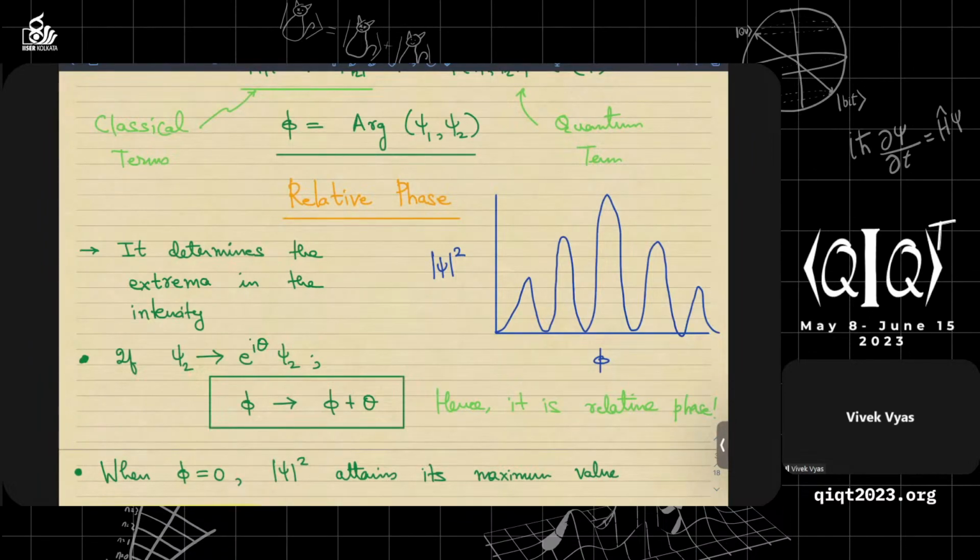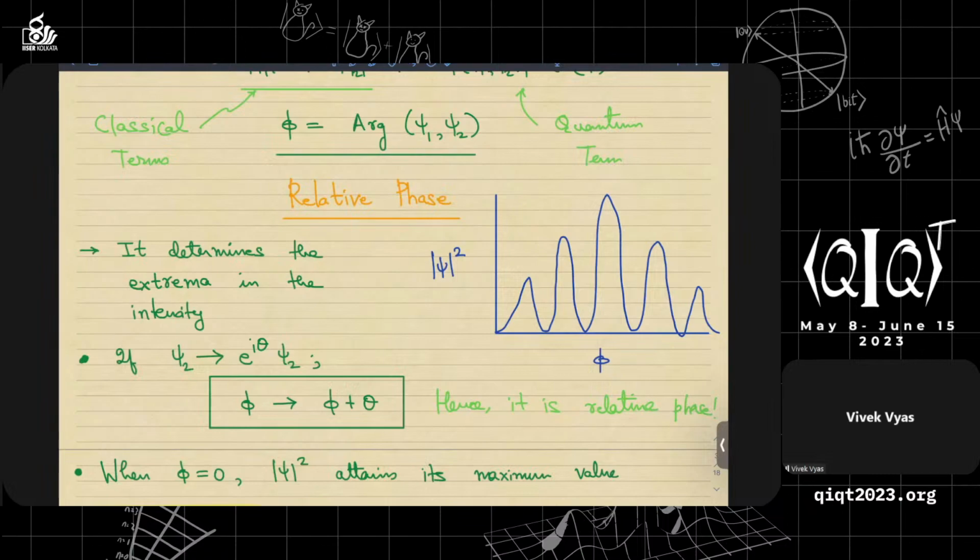Now see, these overall phases are a bit of a murky beast in quantum mechanics. If you have an isolated system, then psi and a phase multiplied with psi represent the same quantum state, because all the averages correspond to the same density matrices.